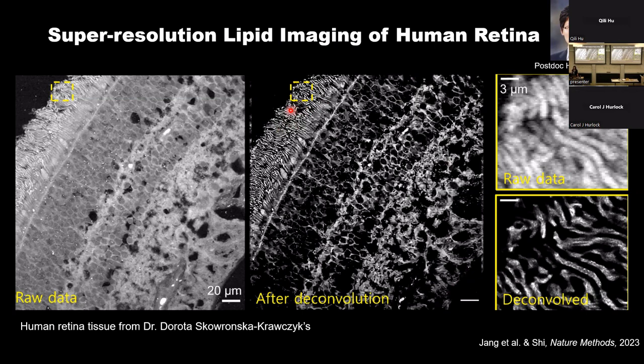Lipid subtypes can be largely different. So how can we detect that layer of membranes, the chemical bond composition change? We need the super resolution to identify that. Distinguishing different layers of membrane on the retina is extremely important for studying the aging process or other diseases in the human retina.